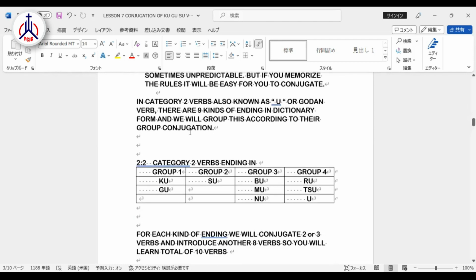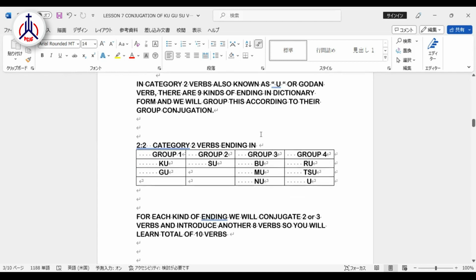In category 2 verbs, also known as the u or Godan verbs, there are 9 kinds of endings in dictionary form. And because it is 9, it is very hard for us to understand this. So I group this into 4 so that one by one, you would understand this carefully.